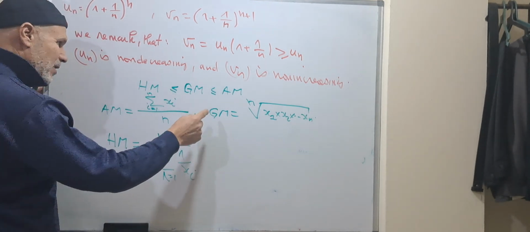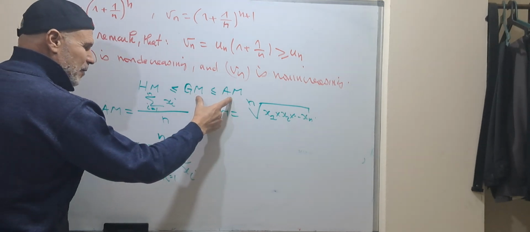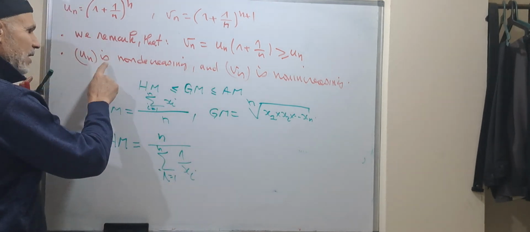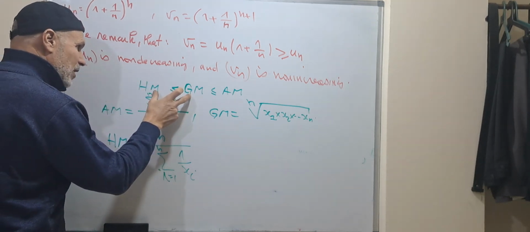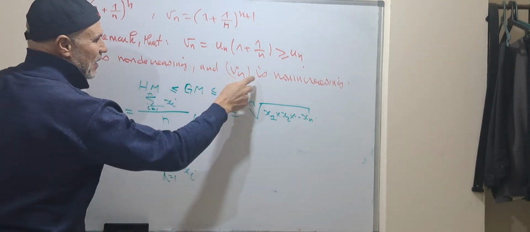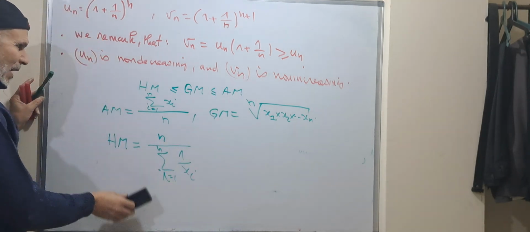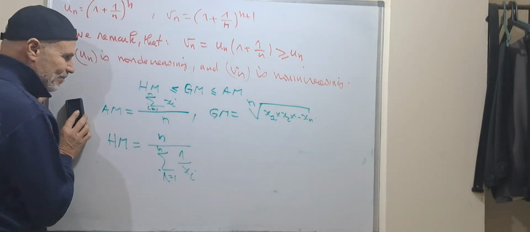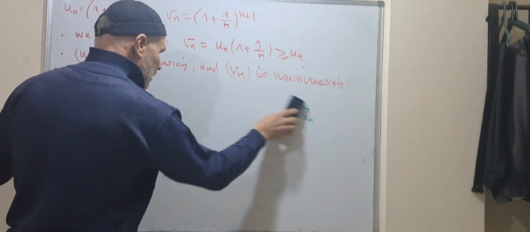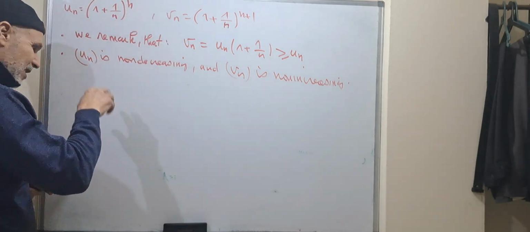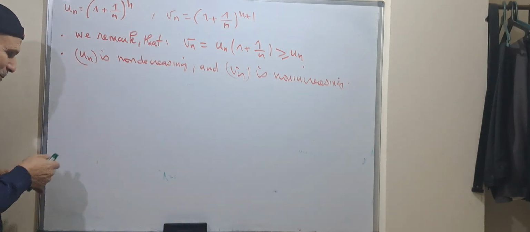I will use the geometric mean and arithmetic mean to prove that un is non-decreasing, and the geometric mean with the harmonic mean to prove that vn is non-increasing. Remember this formula.